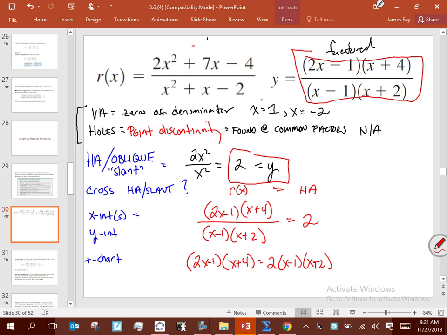Now, the nice thing is that we do already have this here. So I'm going to kind of cheat a little bit. 2x minus 1 times x plus 4 should give me 2x squared plus 7x minus 4, right? On the right-hand side, x minus 1 times x plus 2 should give me this. So I'm going to double that, and I should get 2x squared plus 2x minus 4.